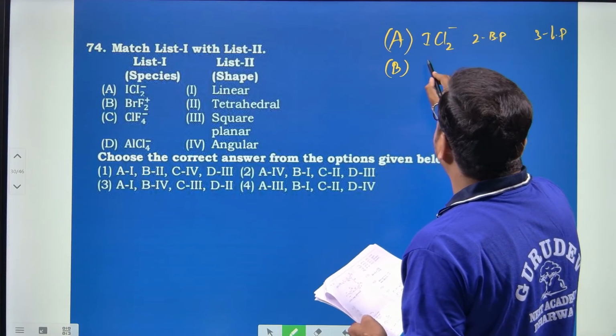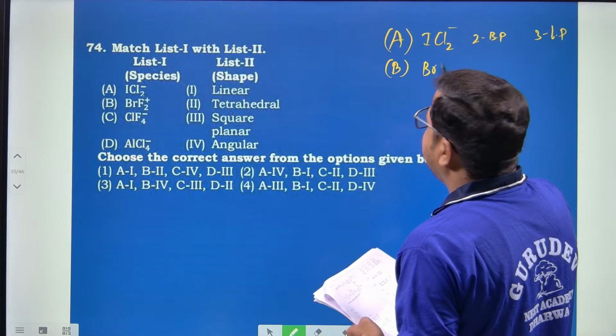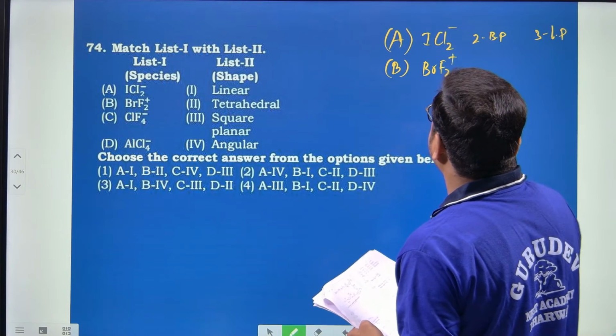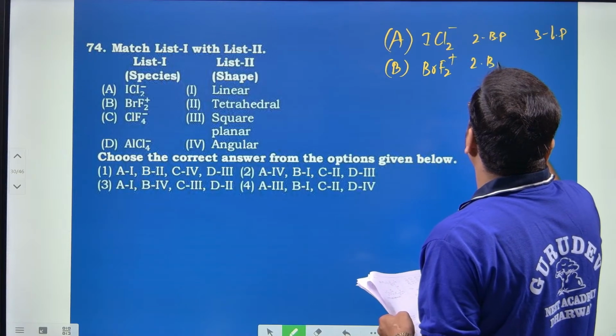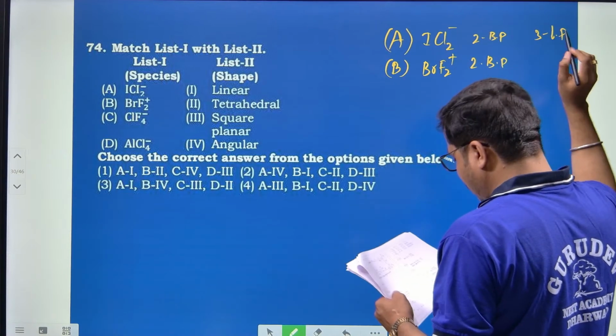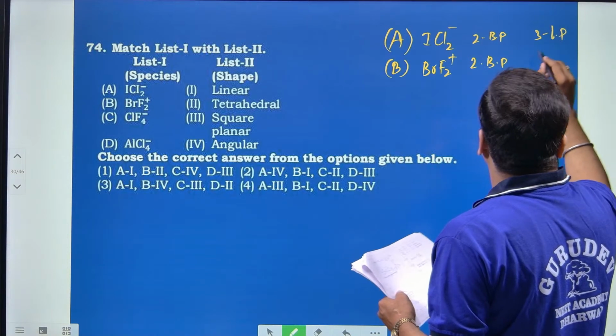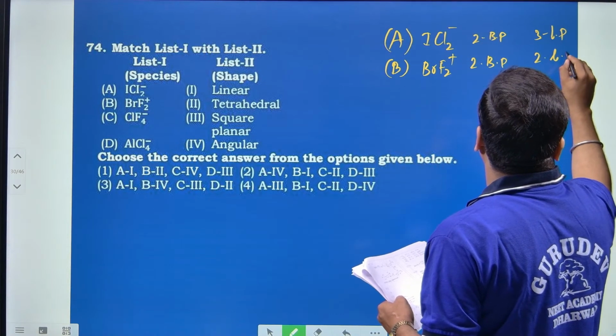Option B contains BrF2 plus, which contains 2 bond pairs and 2 lone pairs.